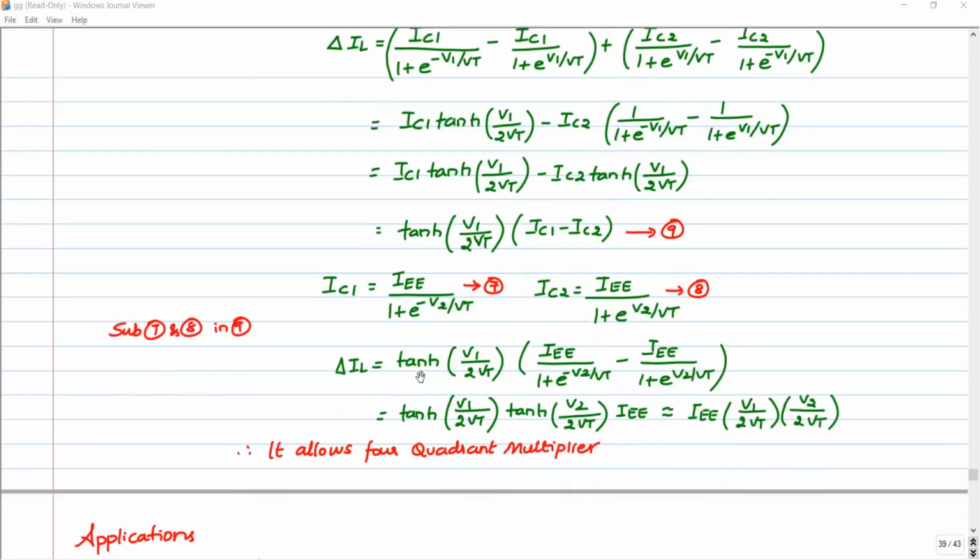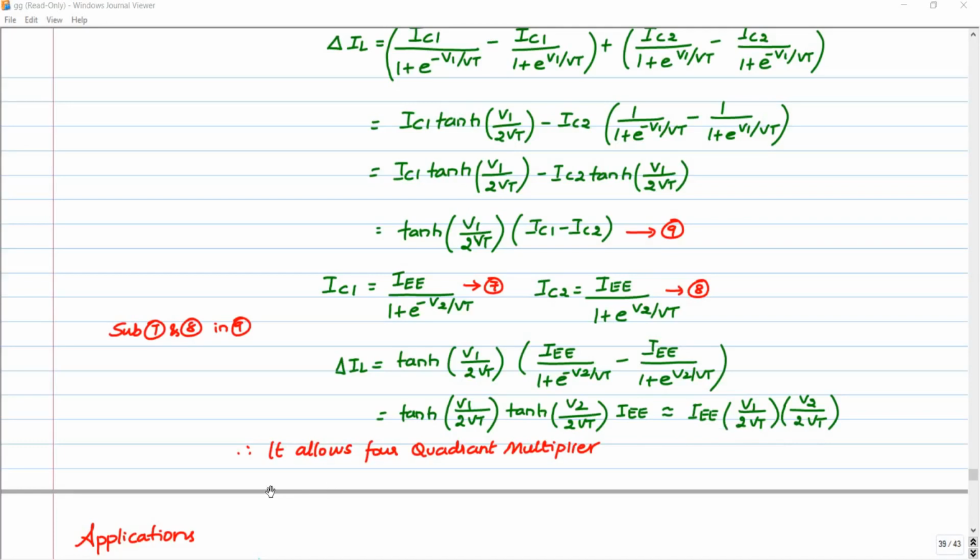I will get del IL is equal to tanh V1 divided by 2 Vt times IE divided by 1 plus e power minus V2 divided by Vt minus IE divided by 1 plus e power V2 divided by Vt. If I take IE common, this whole term becomes tanh V2 divided by 2 Vt. As I already told, tanh of x is approximately equal to x. So I can write IE into V1 divided by 2 Vt into V2 divided by 2 Vt.